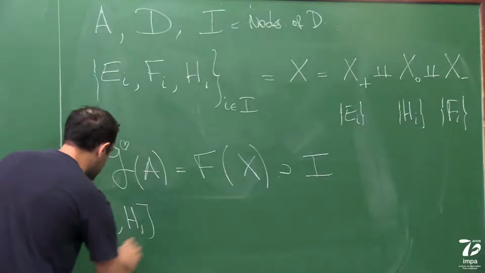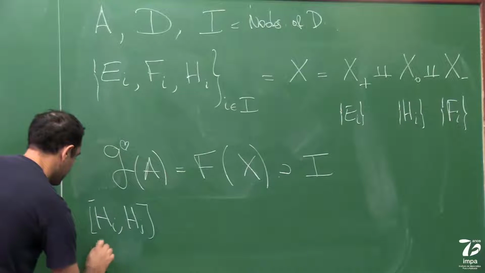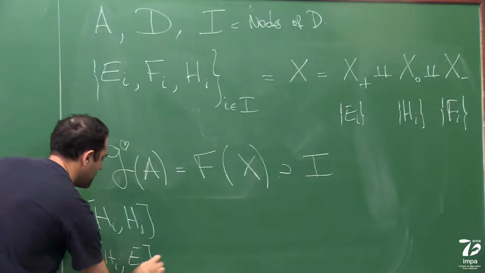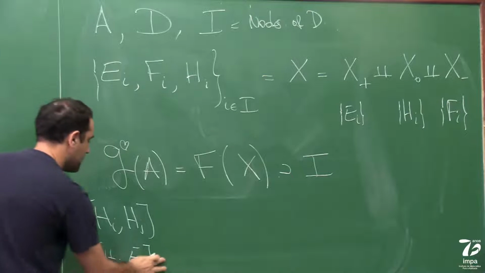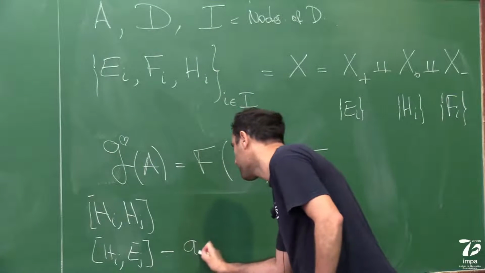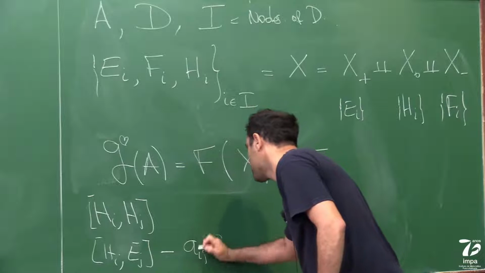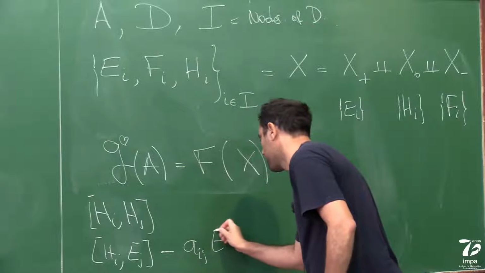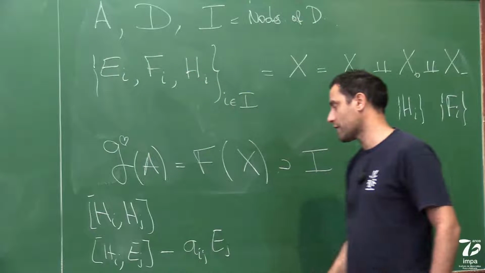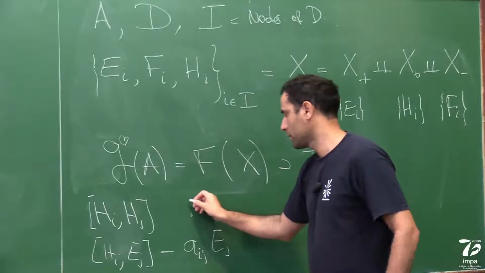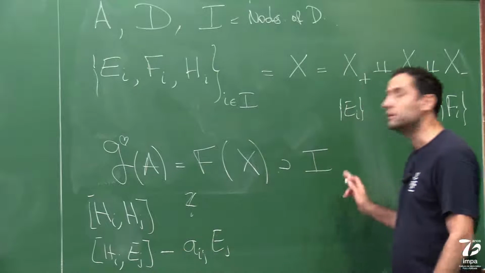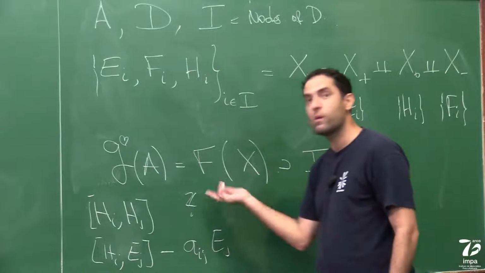I'm going to declare that H_i bracket E_j minus a_ij E_j, where a_ij is the entry ij of that matrix A, so this is an integer number, is in the ideal. So that's equal to 0 in the quotient.